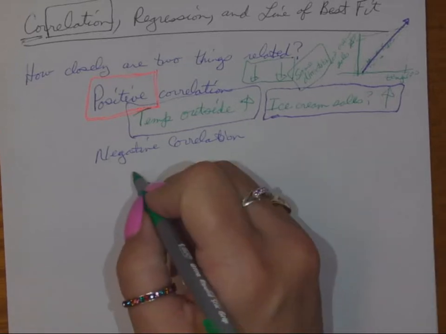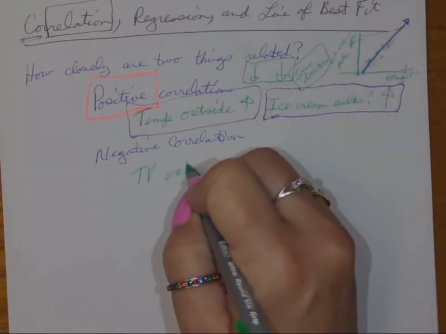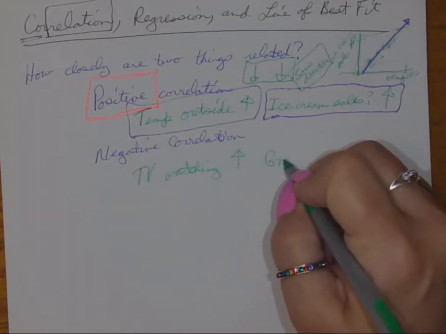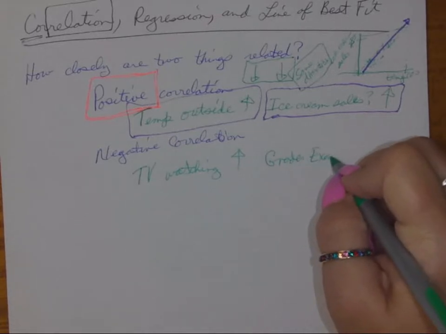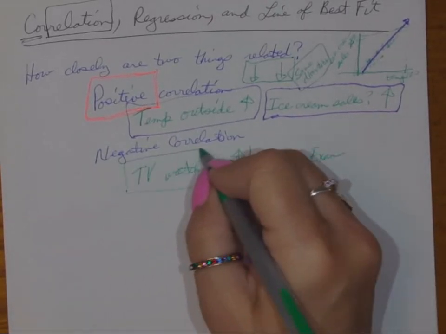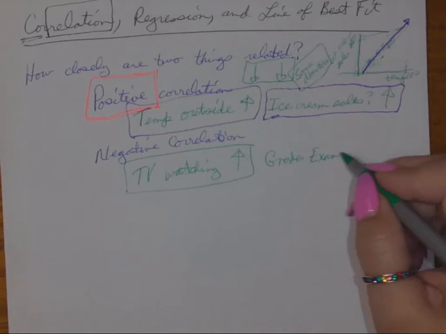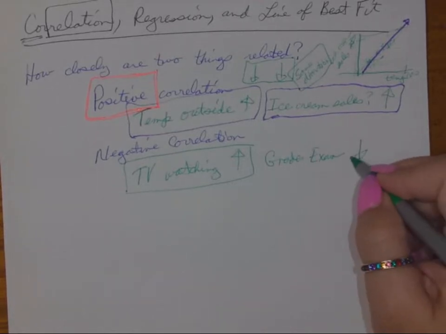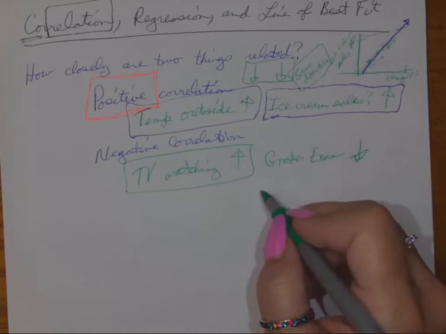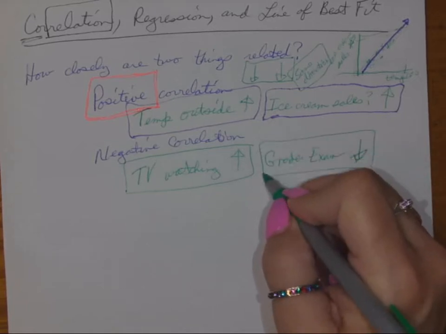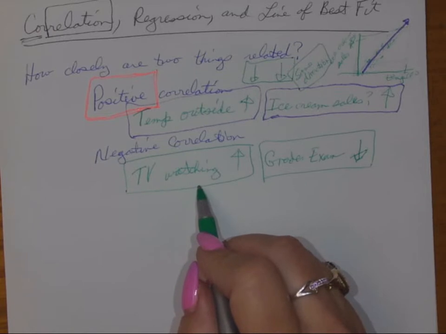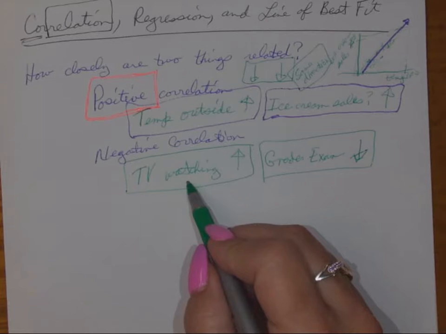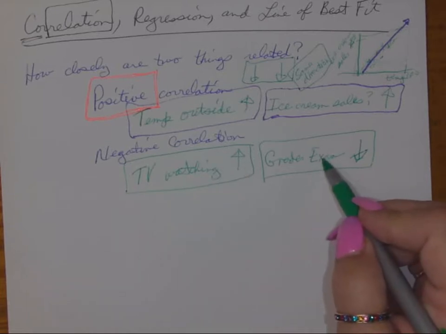So let's think about this. Here's an example. As my TV watching goes up, my grade on my exam does what? The more hours that I sit in front of that television, not studying, what do you think happens to my grade? It's probably going down, right? So if I survey all of the students in my stats class and ask, how many hours did you spend watching TV this last week, and what's your test grade? The more hours somebody watched TV, probably the lower their test grade is going to be.